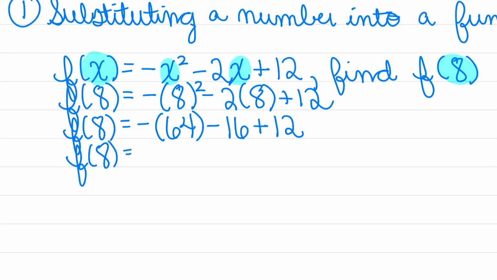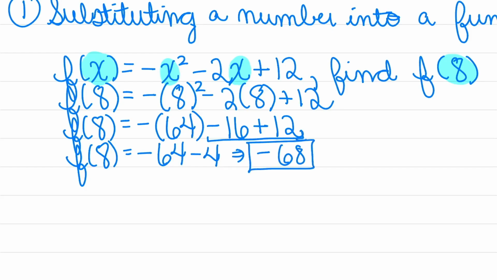So now we have negative 64, and then we can go ahead and combine these to be negative 4. So that result is going to be negative 68. What that means is that the function f evaluated at 8, the output is negative 68. So another way that we can write the answer is as a coordinate pair where this is our x value and this is our y value.